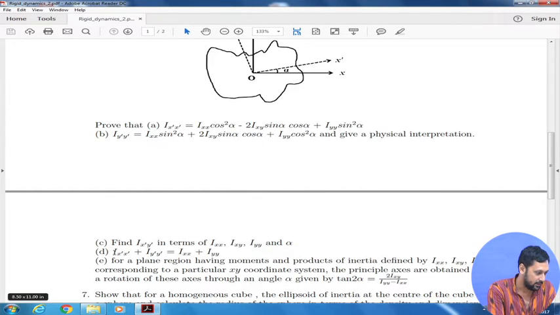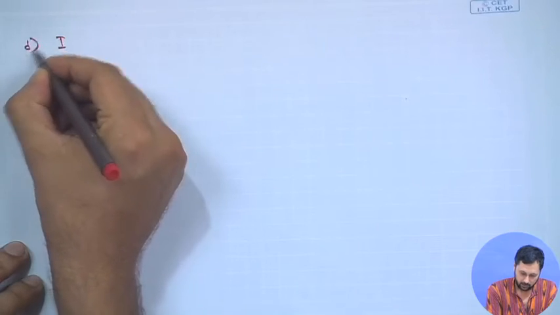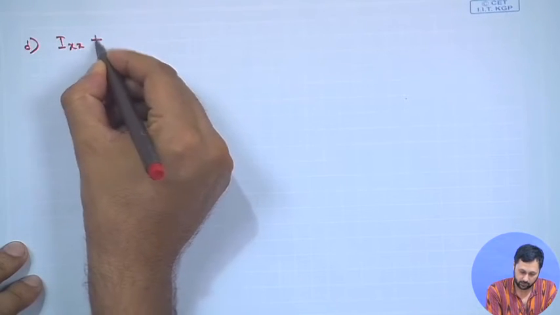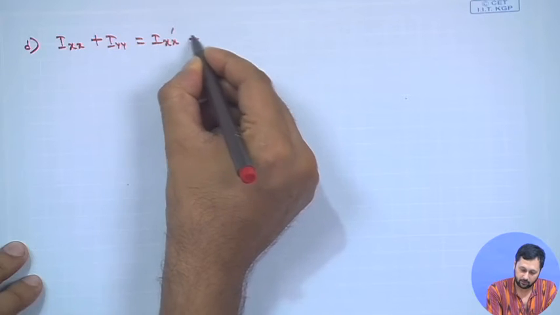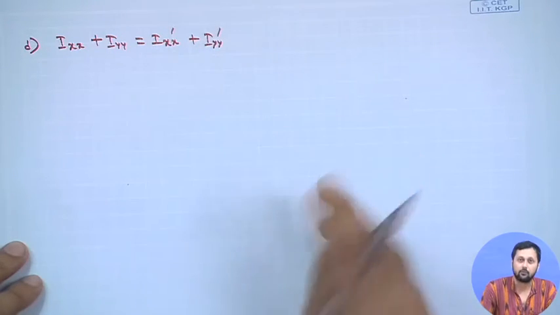So that means once you start, you can have the proper expression for A and B. D is very easy, and this is also a very important result, because what it tells you is that in D, what we can prove is Ixx plus Iyy is equal to Ixx' plus Iyy'.